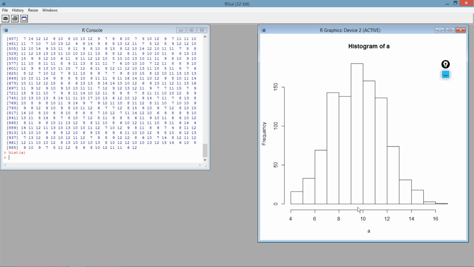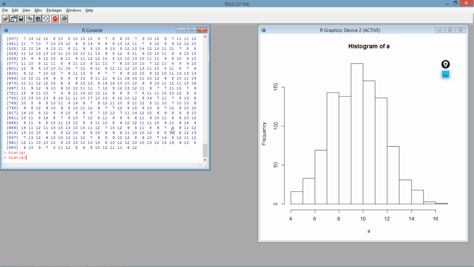But 10 is getting half of them, right? And we would expect in 20 coin flips, when there's a 50% chance of getting heads with each coin flip, that a lot of them would be around 50% of 20, which is 10. So notice around 10, there are lots.